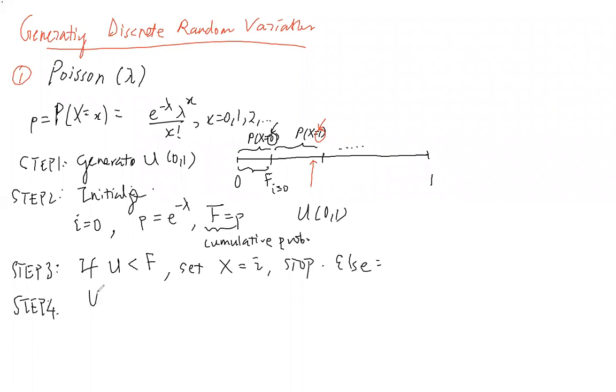In step 4, you do the updating. Your P is updated to be the following. This comes from the recursion relation.